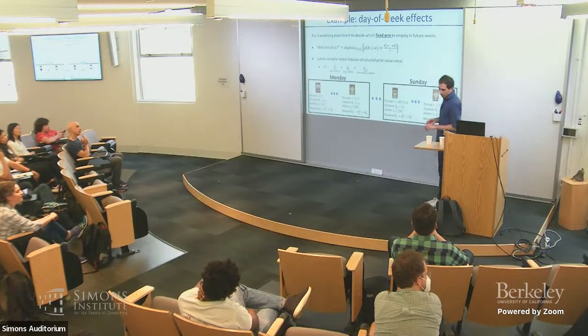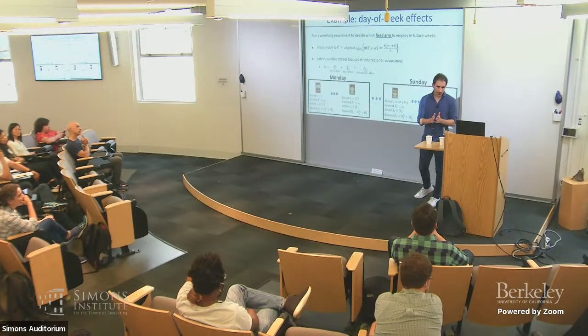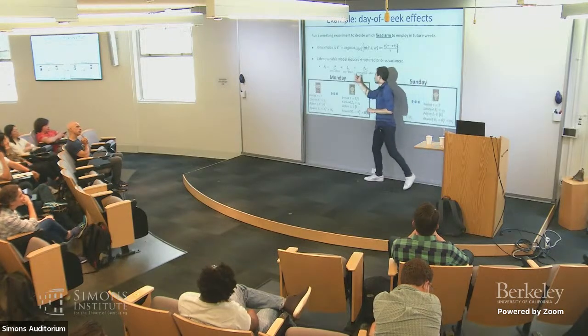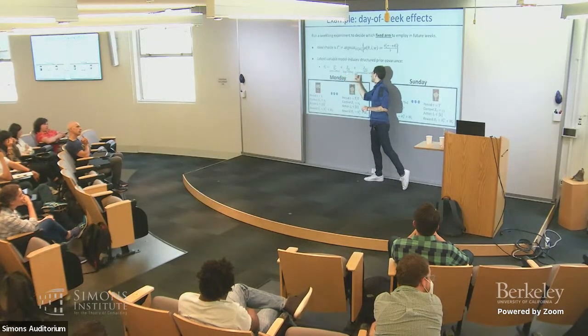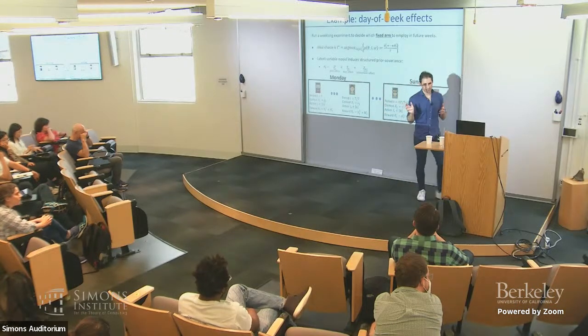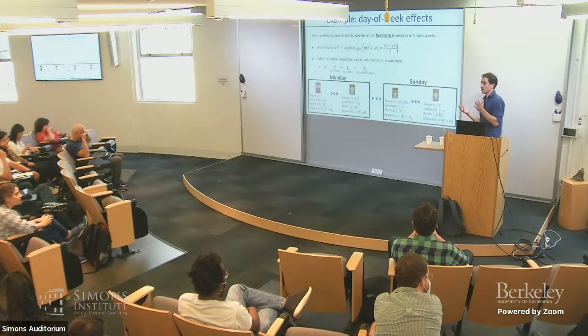Here's what the algorithm will do. I have beliefs about the magnitude of all these effects: the arm effect, the day effect, the interaction effect. So I have prior beliefs that allow me to form a posterior based on what I've seen up to Tuesday.